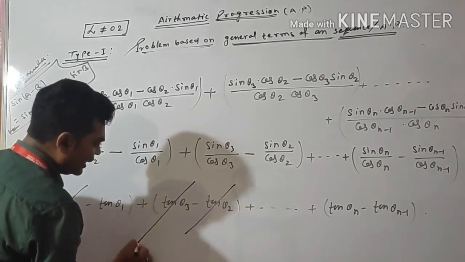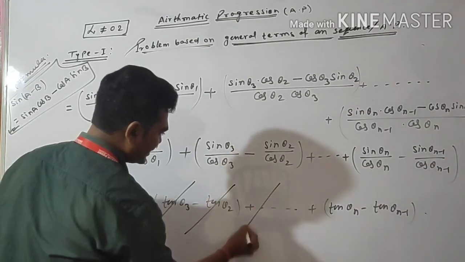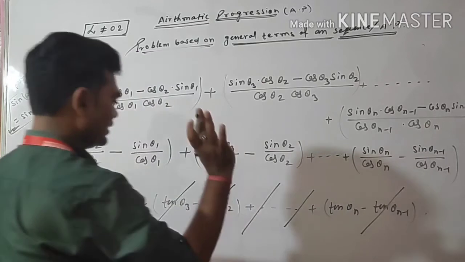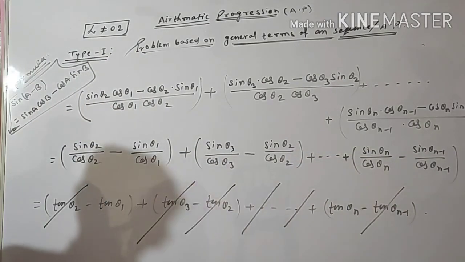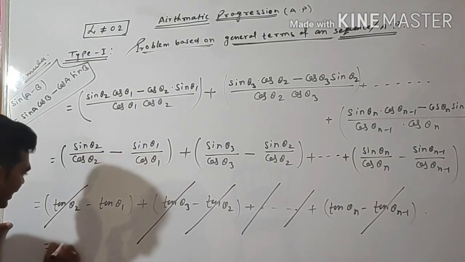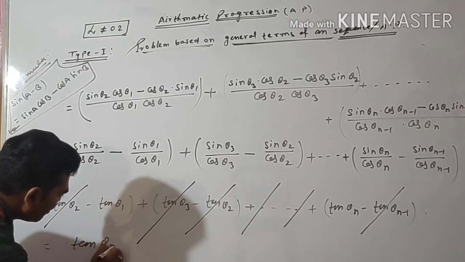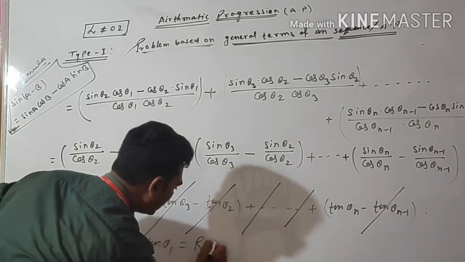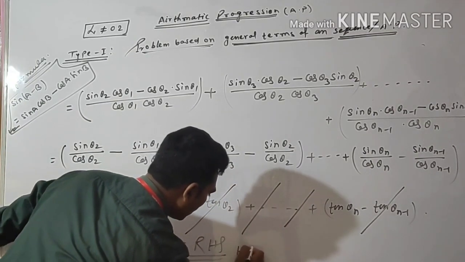Similarly tan theta 3, again here tan theta 3 cancels. Similarly tan theta n cancels. Now finally tan theta n minus tan theta 1, and this is equal to RHS, hence proved.